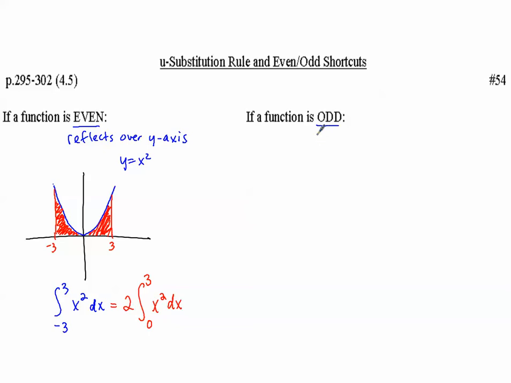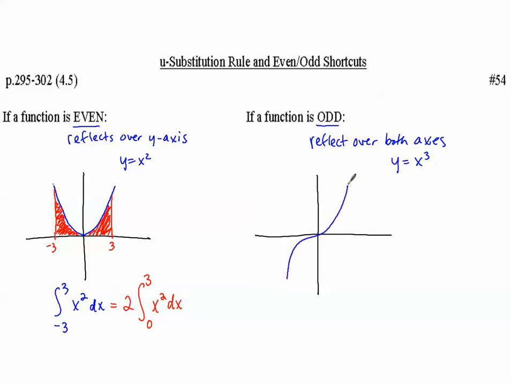Odd functions. Those rotate about the origin, or we can think about them as reflect over both axes. As an example, y equals x cubed. Let's look at a picture of an odd function like y equals x cubed, and that's going to be something like that.